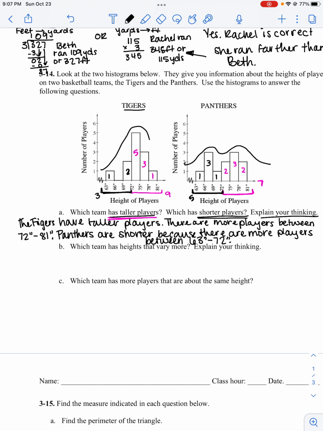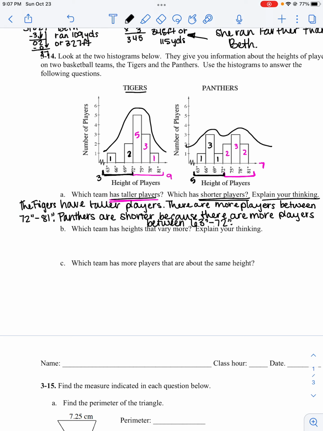For Tigers, most of the players are between 72 to 75 inches, but it kind of just makes one curve. It's not as spread out. So, for part B, the heights that vary more are the Panthers.